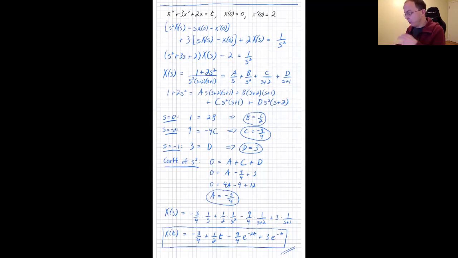If you prefer partial fractions to taking derivatives and solving linear systems, then you're probably going to prefer this method. I hope you get a lot of practice. Do a lot of examples, and I think you'll get the hang of it, and I think you'll like it.